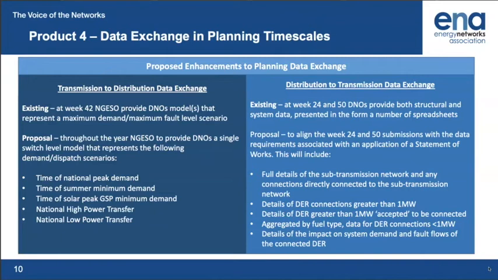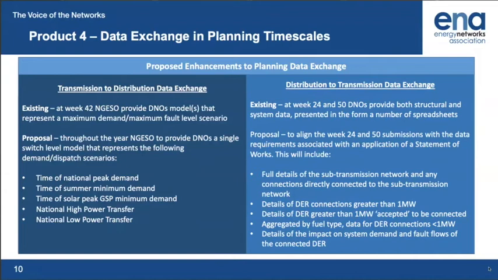So what we're proposing going forward is that Grid will provide data, probably at different points in the year, not just week 42. You understand that this is ongoing work at the moment, but it's felt that to provide some of this data all in one go would lead to data being out of date, but also would lead to a large amount of work for people all at one time and not spread the work throughout the year.